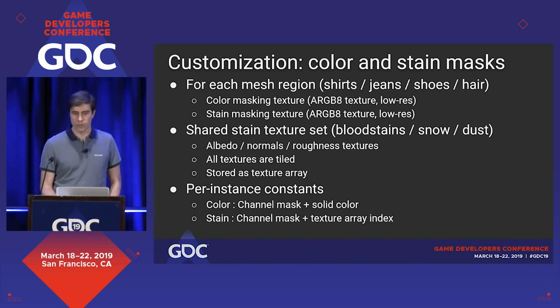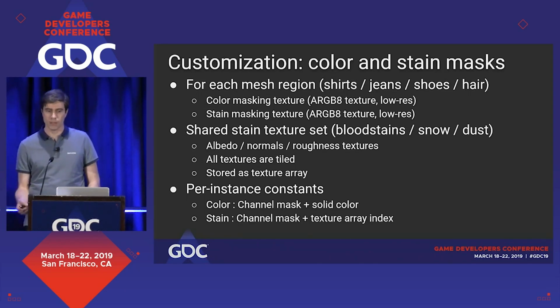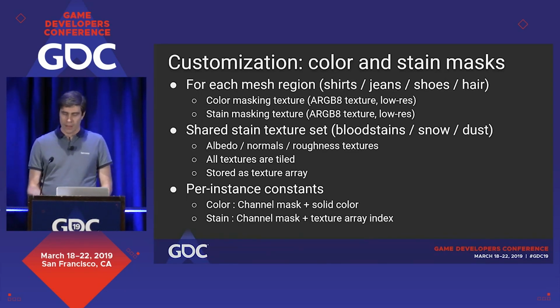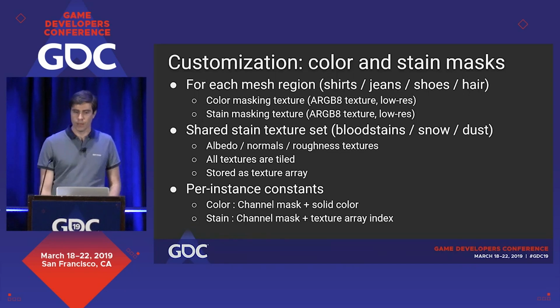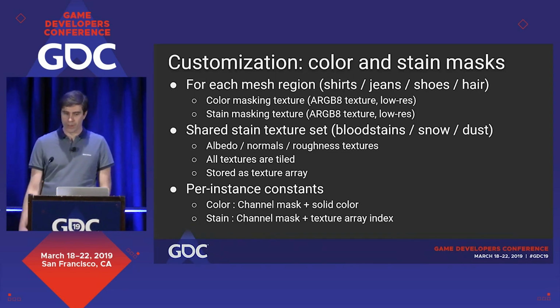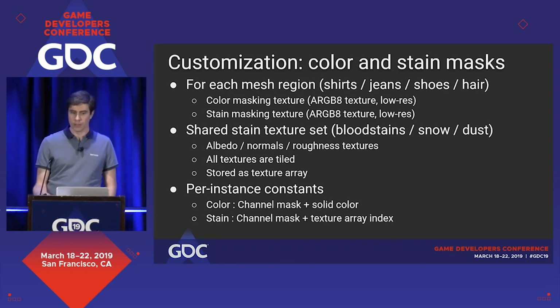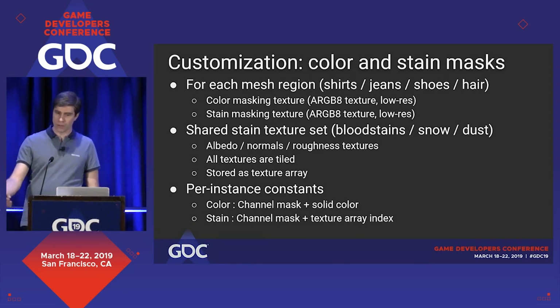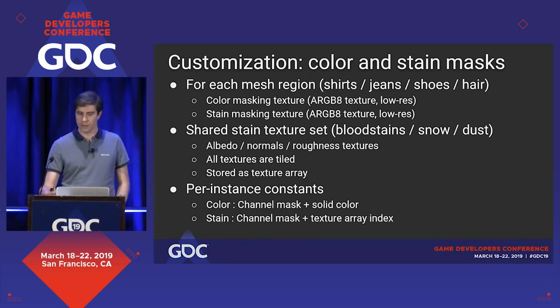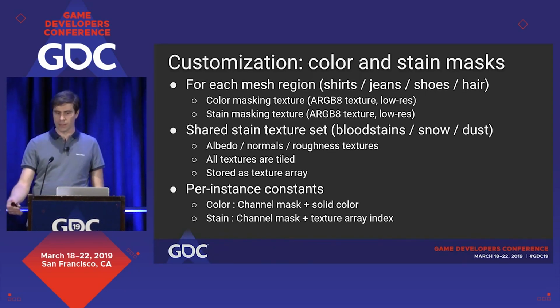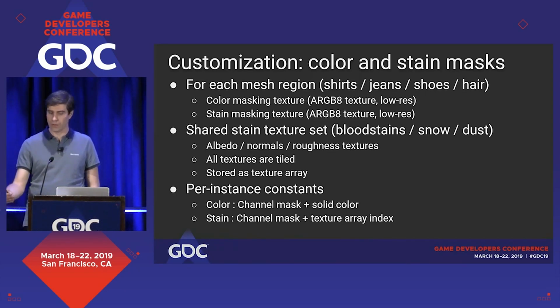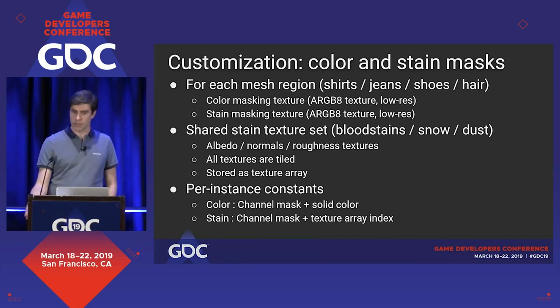In this texture array, we store albedo, normals, and roughness textures. And in runtime, it all comes together when we supply, on a per-instance basis, solid colors and channel masks for colorization, and channel masks and texture array indices for staining.